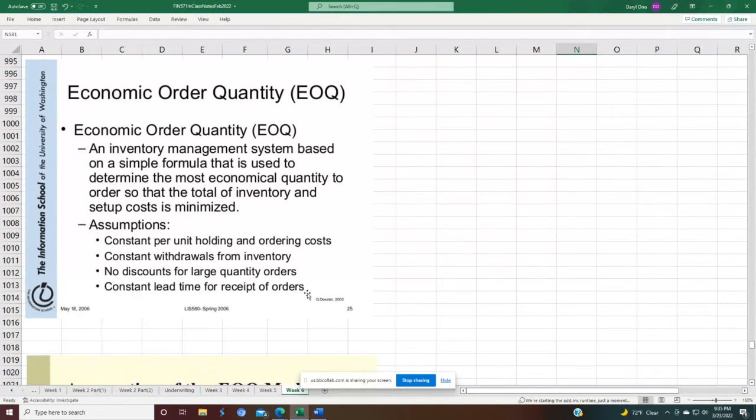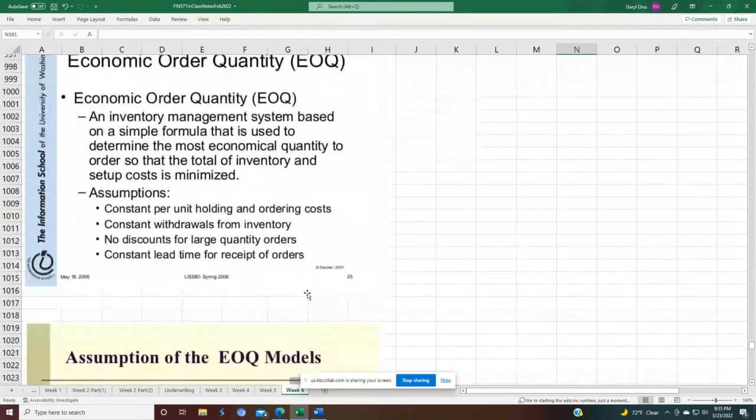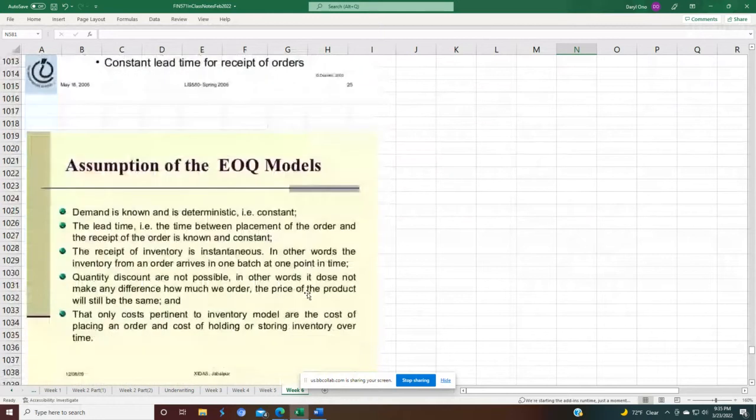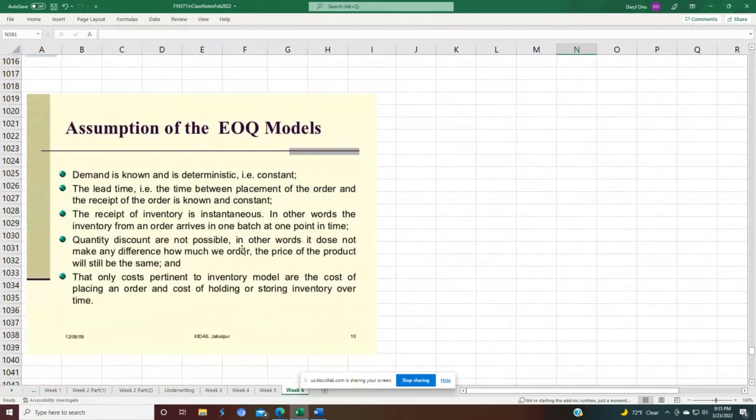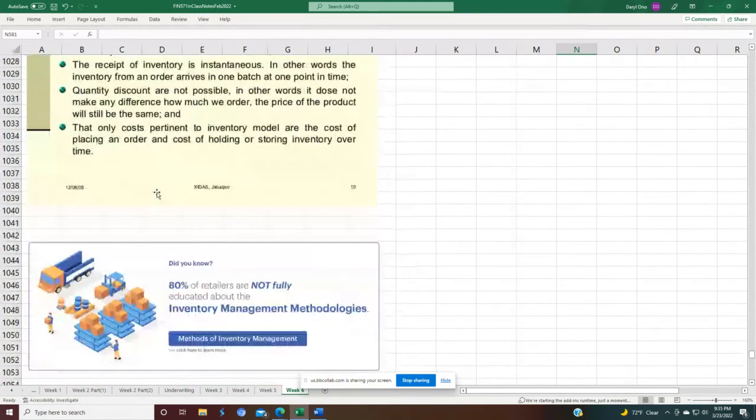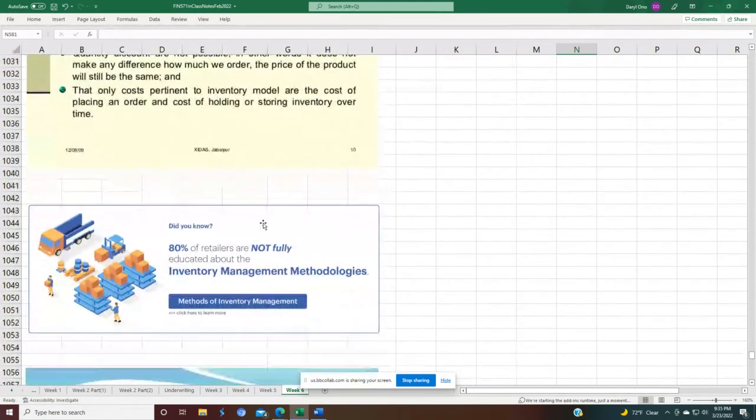They won't change. Okay? And again, here we are with some of the assumptions of the economic order quantity.